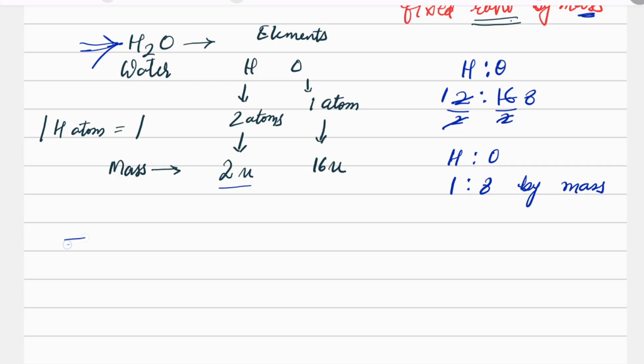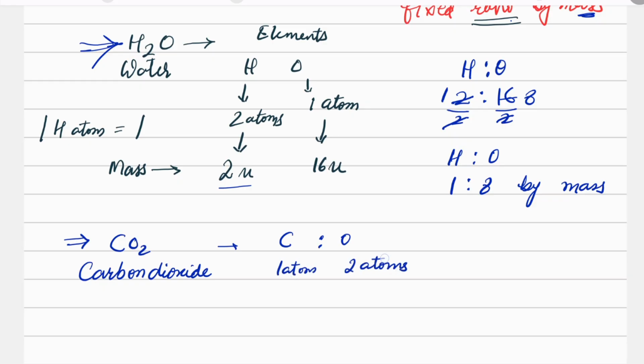This can be done for other compounds also, like take carbon dioxide for example. There are carbon and oxygen. There is one atom of carbon and two atoms of oxygen.